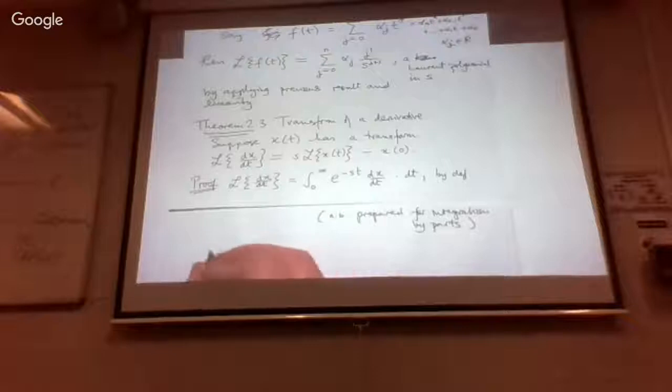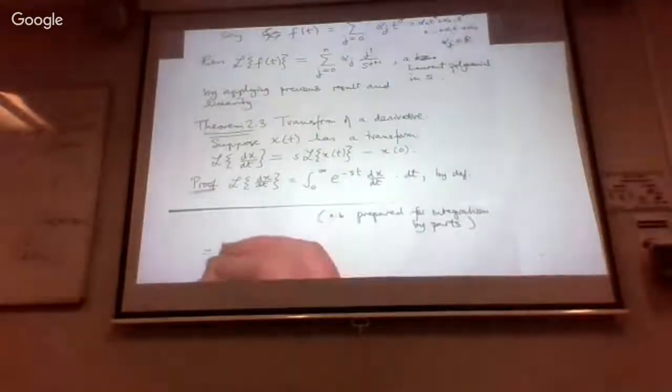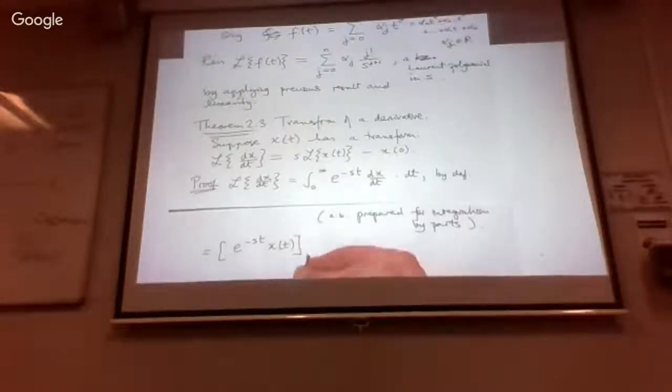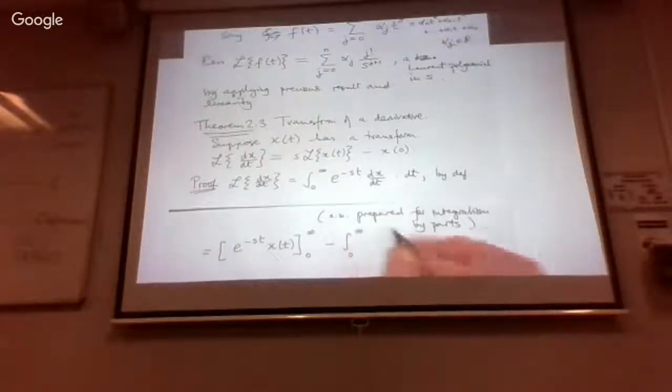So we proceed by integration by parts. We take the product of these two things, e to the minus st times x of t, evaluate that at 0 and infinity, and we subtract the integral from 0 to infinity.